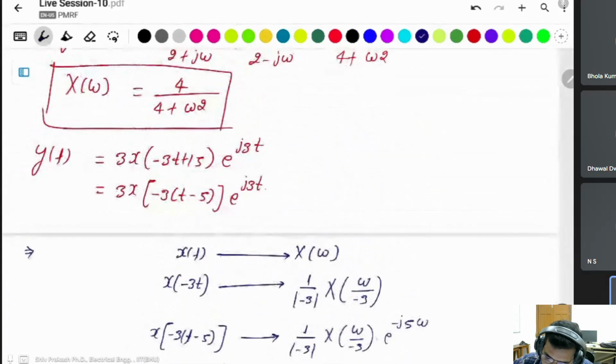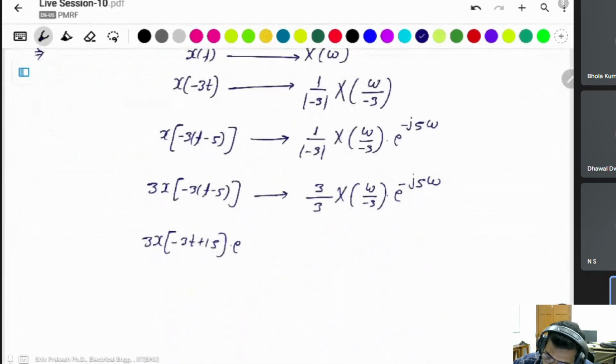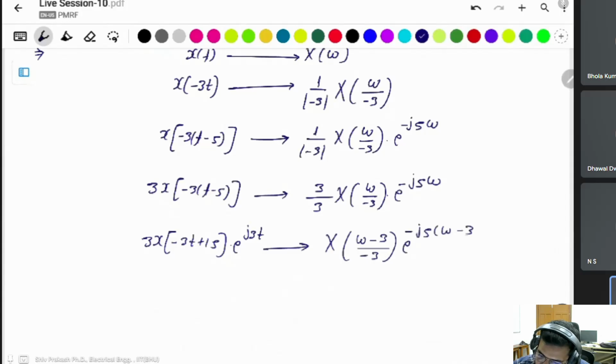Then the next property is e to the power of j3t. When we multiply by e to the power of j3t, this will give some shift in your frequency also. This will be 1 X(omega minus 3 divided by minus 3) times e to the power of minus j 5 (omega minus 3).